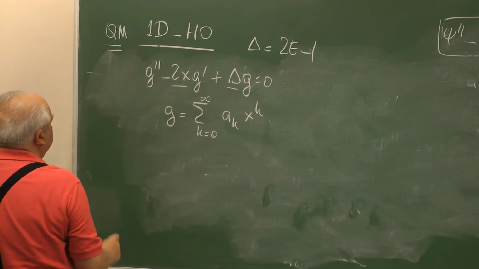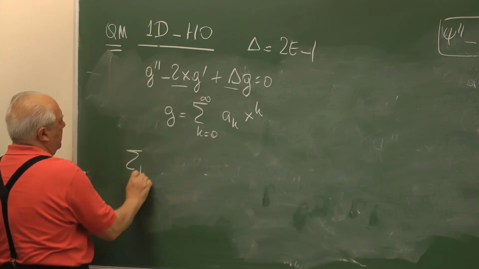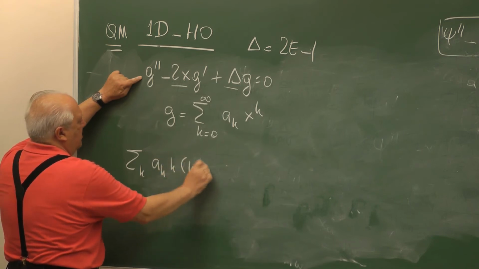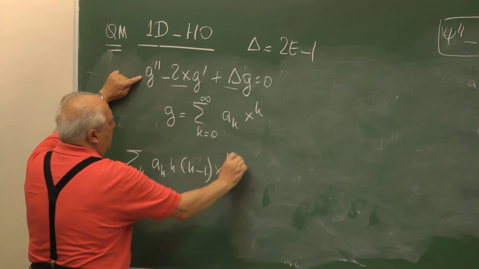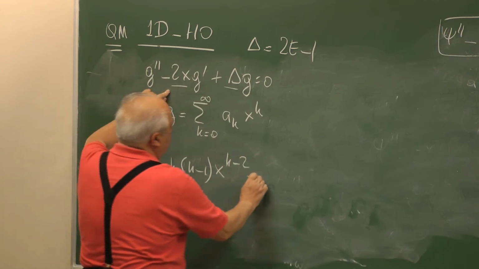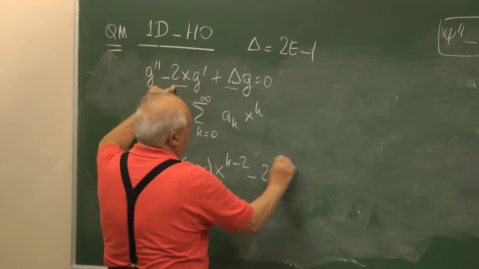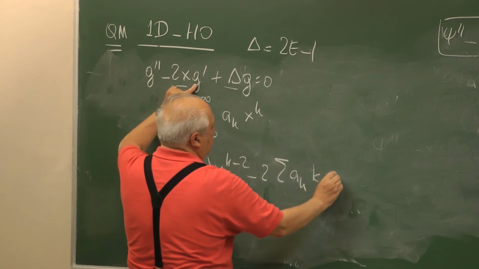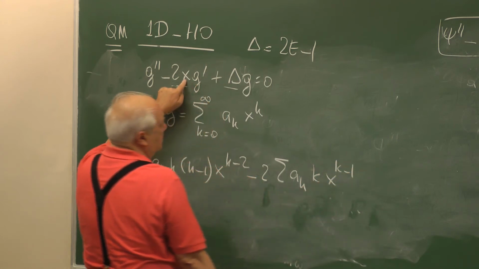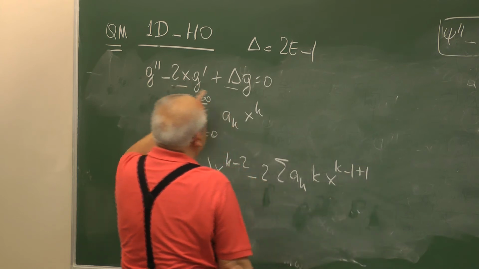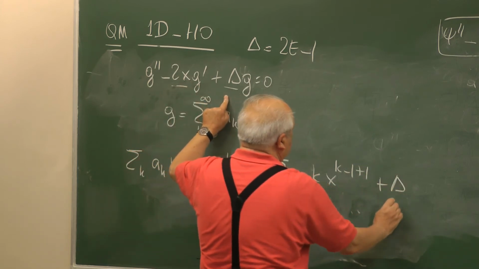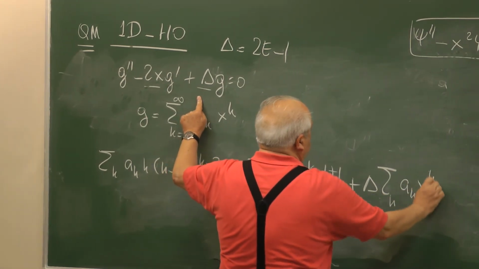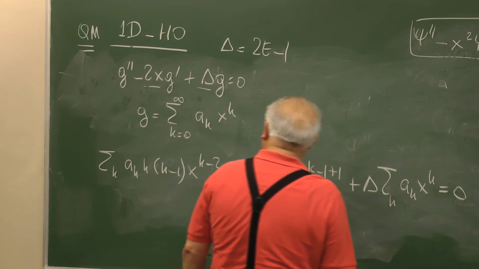So we insert the second derivative, a_k k(k minus 1) x^(k minus 2), minus 2 a_k, first derivative, k x^(k minus 1), but I have another x, so it is plus 1, plus delta a_k x^k is equal to 0.